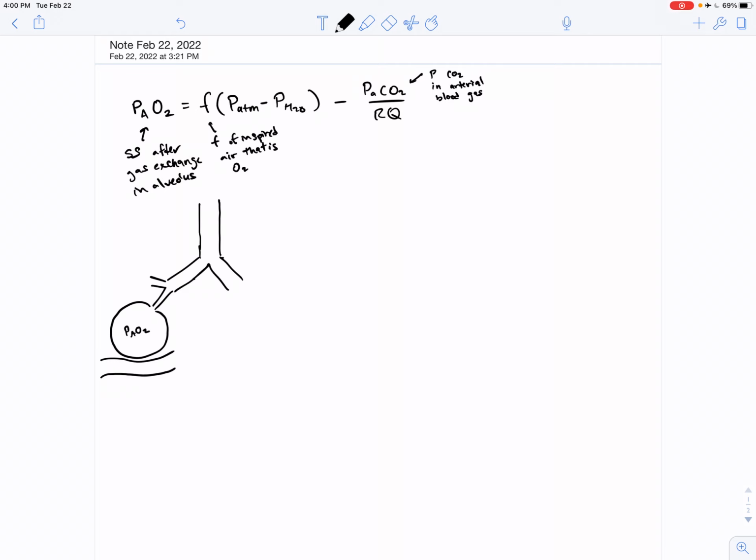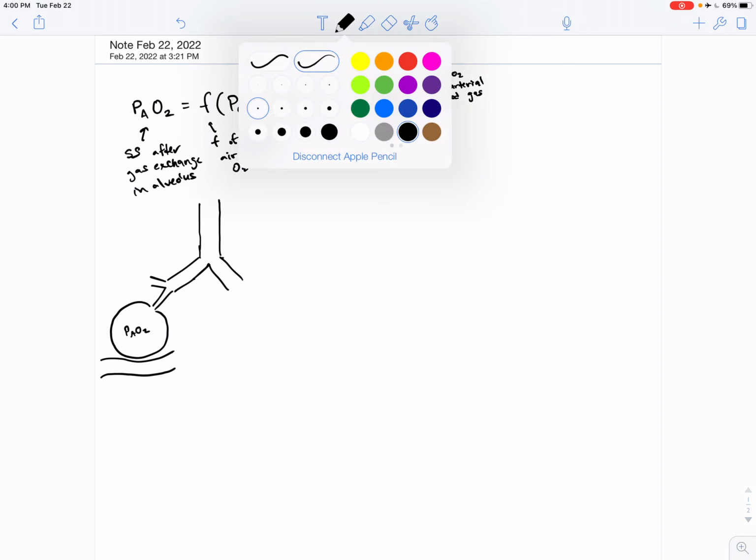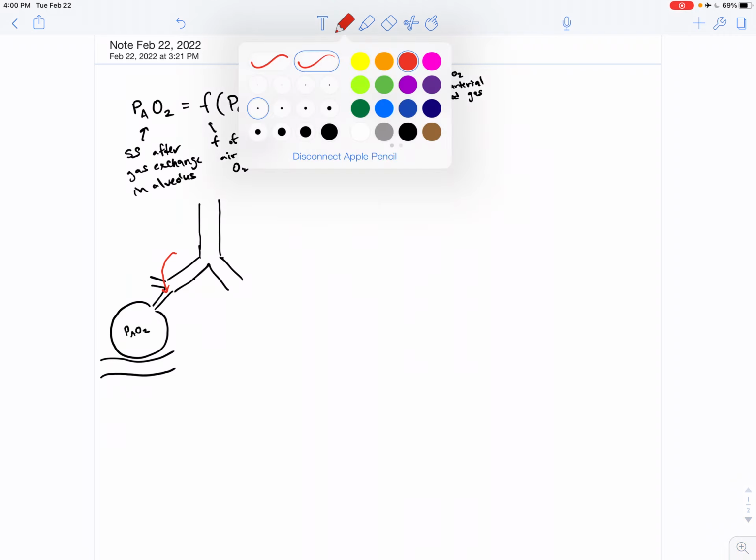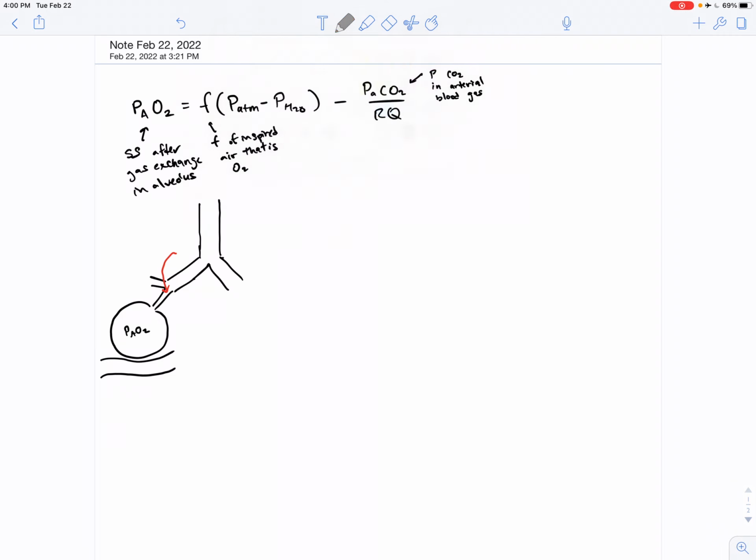Okay. So the first thing that we want to do is calculate, so remember PAO2 is the pressure in the alveolus. We want to calculate the partial pressure of oxygen right outside the alveolus. So remembering the anatomy of the alveolus, we have inspired air, which is nice room air out here. It comes into our airways, and then it travels into the alveolus where gas exchange occurs, right?